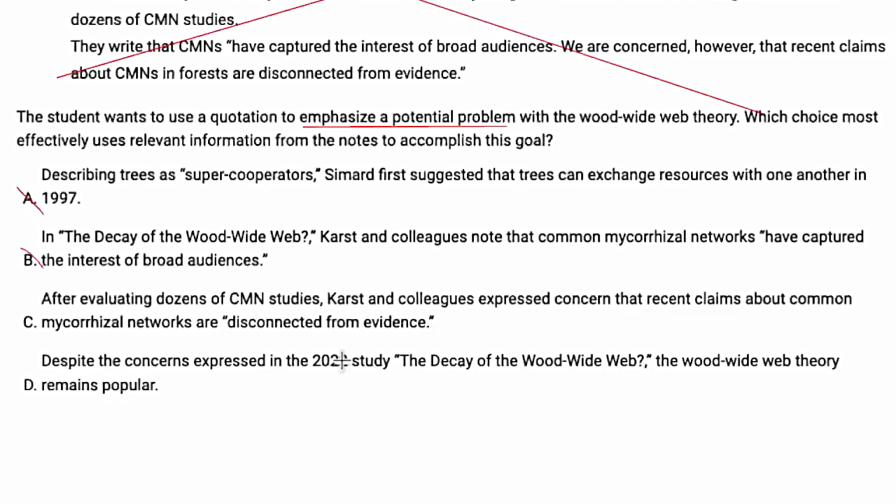So if we're emphasizing a potential problem, we want to focus on one problem. D mentions that there were concerns, but the main idea is that the theory is still popular, whereas C, our correct answer, gives a specific concern about claims being disconnected from the evidence. So without looking at the notes, our answer is C.